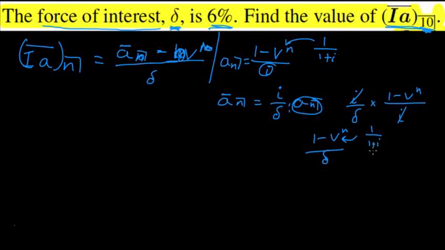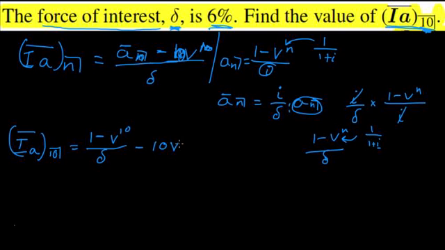Now that we've got that, everything's quite easy, and basically the formula is going to be looking like this. The increasing annuity for 10 will be equal to 1 minus v to the 10 divided by delta, which is 0.06, minus 10 v to the 10, and inside here again we have 1 on 1 plus i.